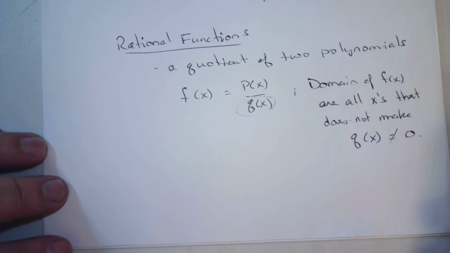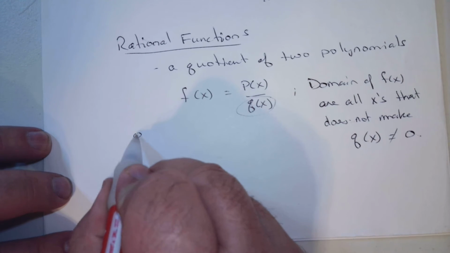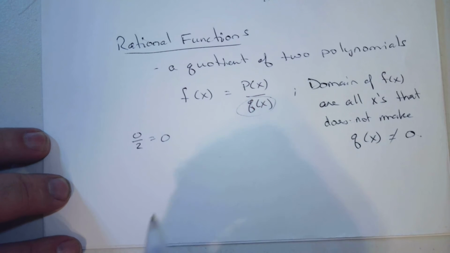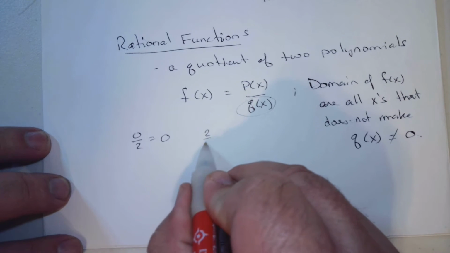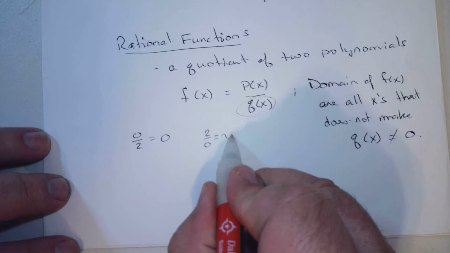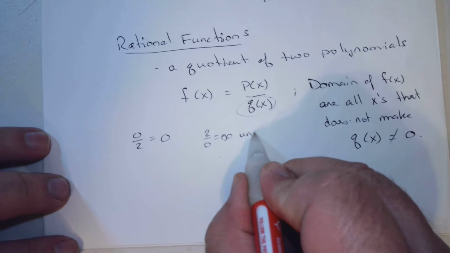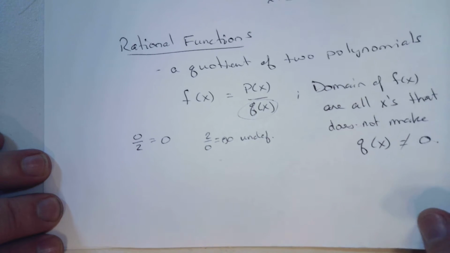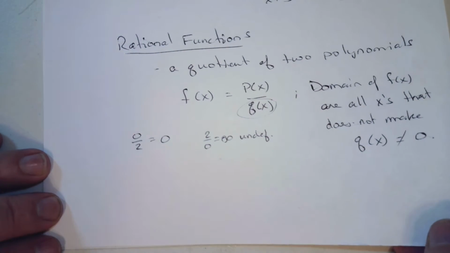The reason being, if we have 0 on top, 2 goes into 0 no times. But 0 goes into 2 infinite times, so it's undefined. So we cannot have a 0 on the bottom. We talked about this earlier in the class.